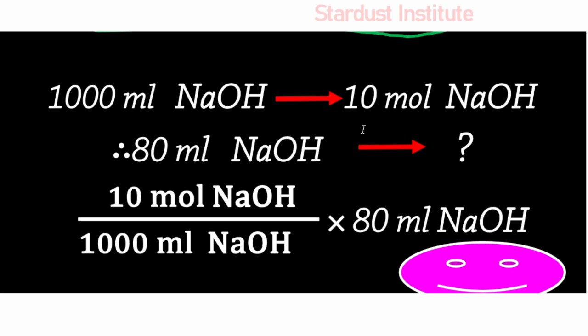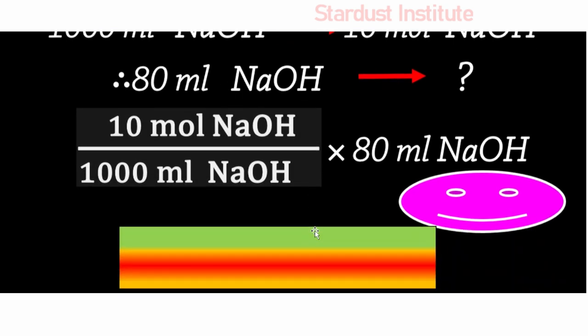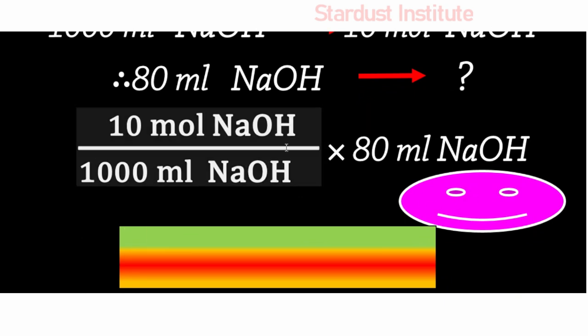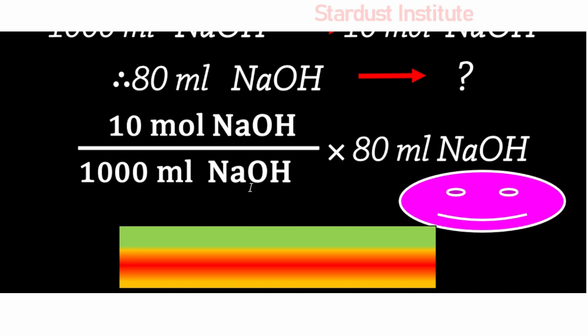We can find the answer in this way: 10 moles sodium hydroxide divided by 1000 milliliters sodium hydroxide multiplied by 80 milliliters sodium hydroxide. We should cancel out units.